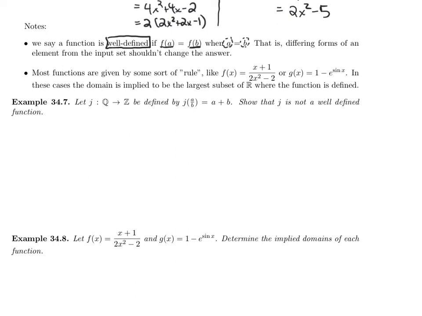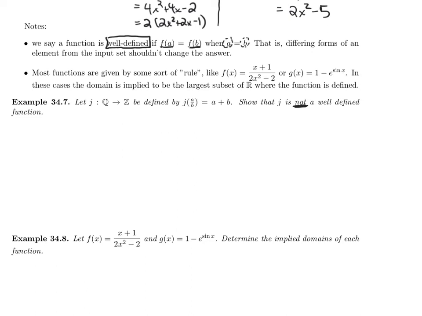Okay, so we want to show that this is not well defined, that if we plug in an input that's the same number, just written in a different form, then we get a different output. So that's what's going on here. This isn't a well-defined function.